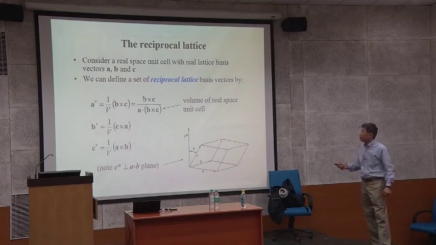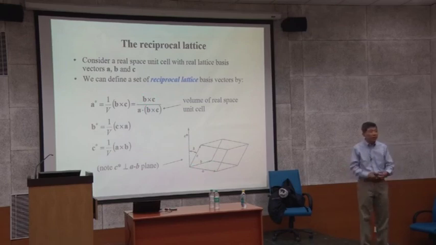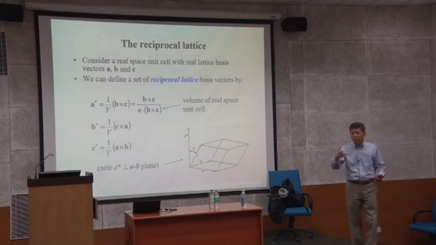B cross C: you have a B and C. The direction of B cross C is perpendicular to the plane formed by these two vectors. You get it? So what is B cross C?